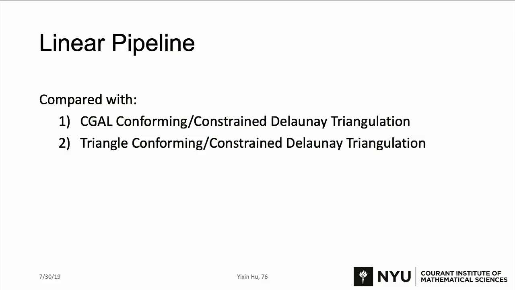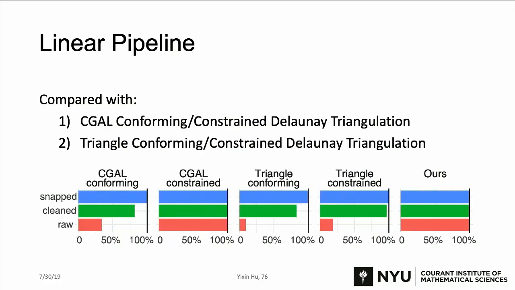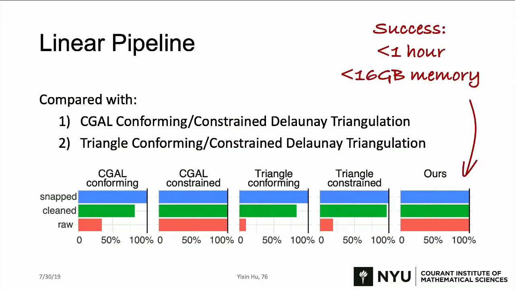We compared our result with Seagull and Triangle, and here are success rates of all methods on 3 datasets. The definition of success here is if the method generates an output within 1 hour using less than 16 GB memory. Note that our linear pipeline uses way less resources than our curved pipeline, which requires 6 hours and 64 GB memory at maximum.